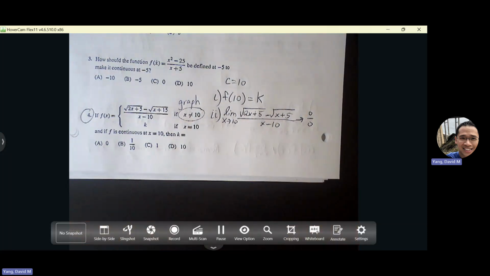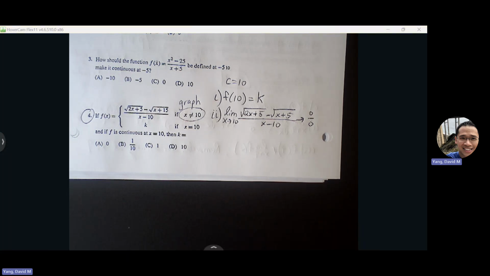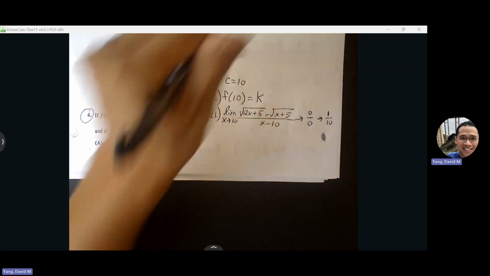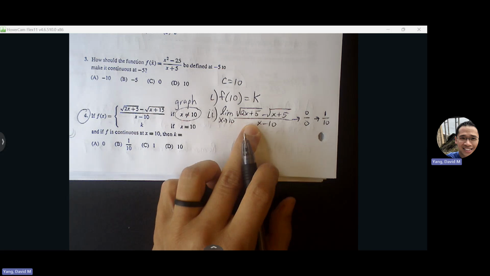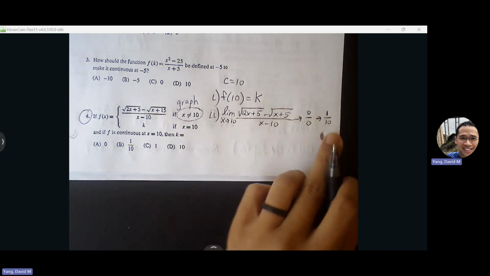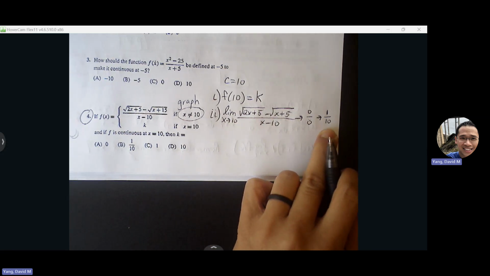Then I can go through my conjugate method. Multiply the top and bottom by the conjugate, things will clean up, your holes will remove themselves, and then you're eventually going to arrive at an answer of 1 over 10. I'm skipping ahead a little bit, just to show you what our end result is. You're going to do this whole conjugate process on your own as you practice. But let's just say we're able to get to our limit being 1/10.